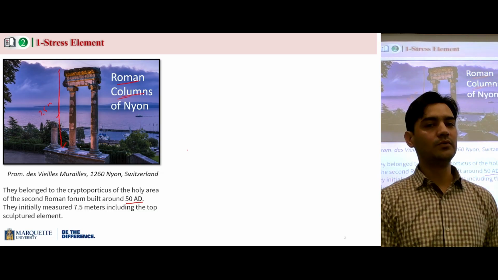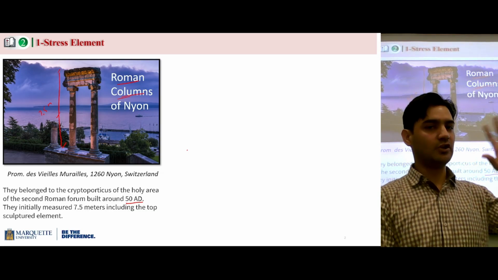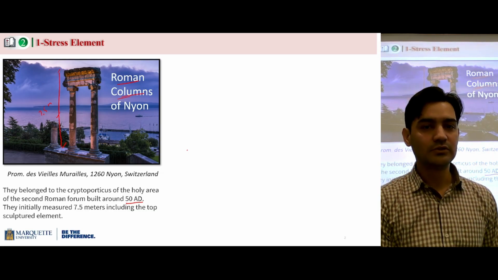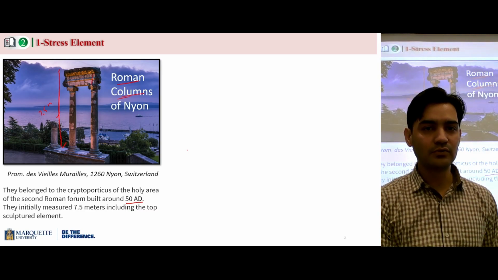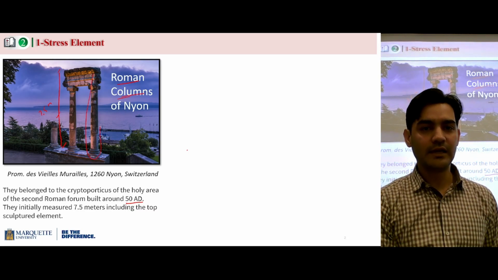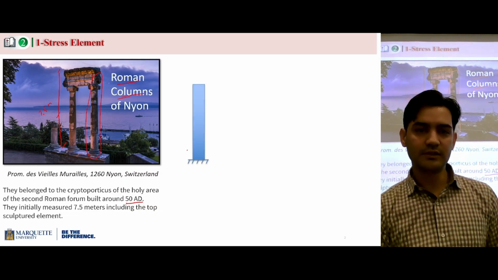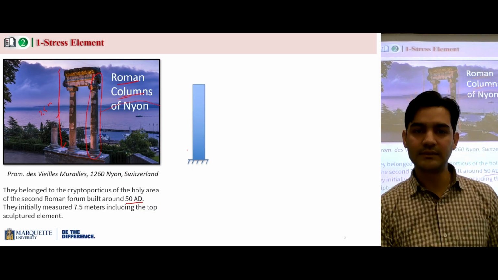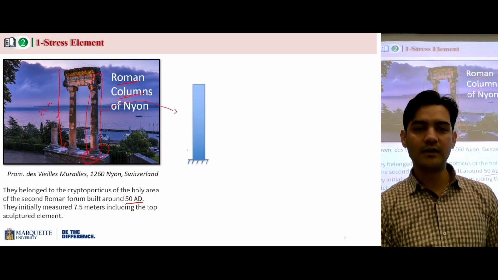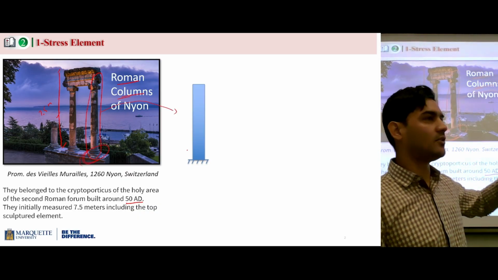What we will do is an idealization of this Roman column. So let's try to do the idealization for this column. I have drawn the idealization of this column here. We can see this part is kind of fixed on its footing.